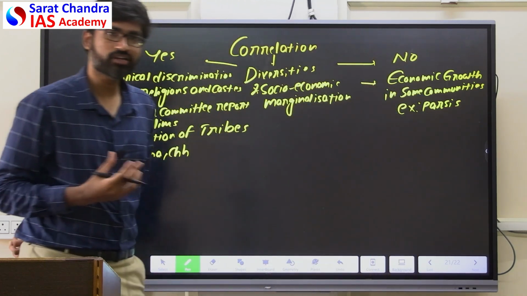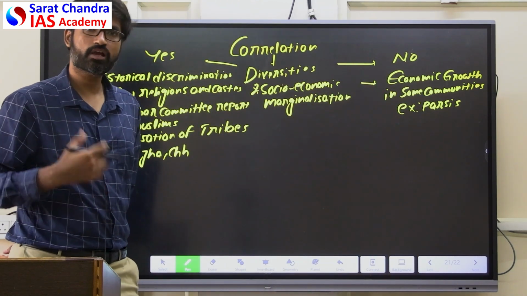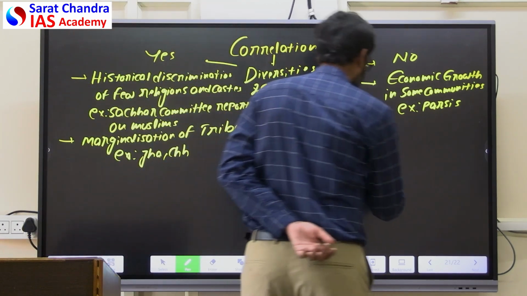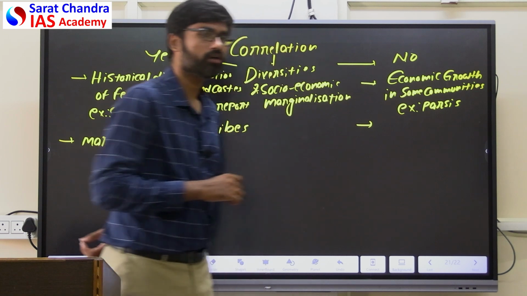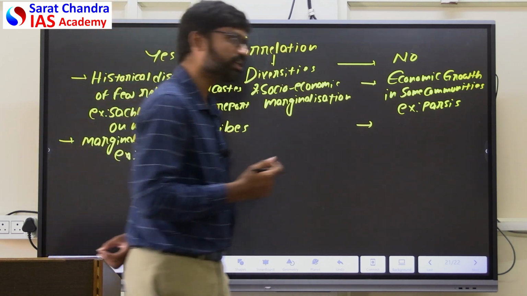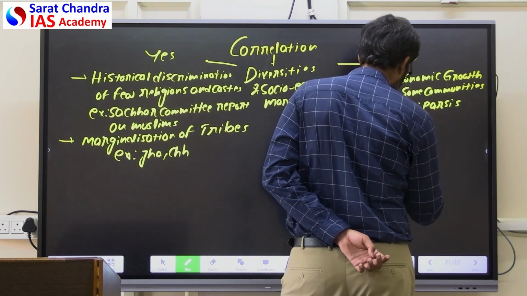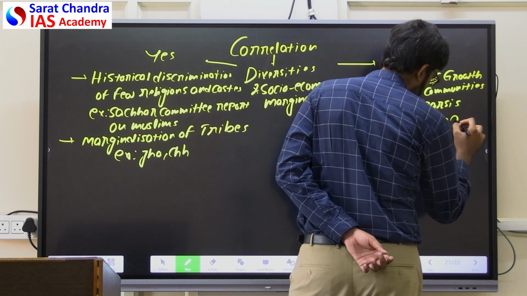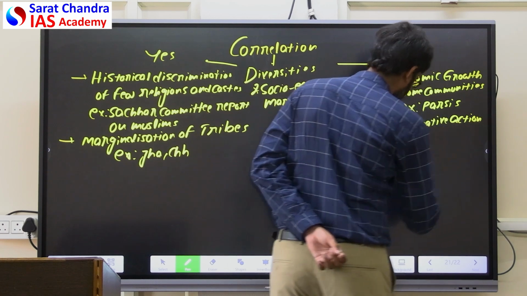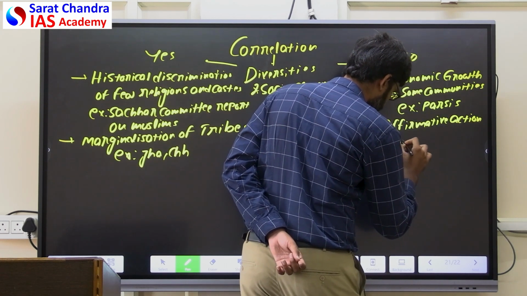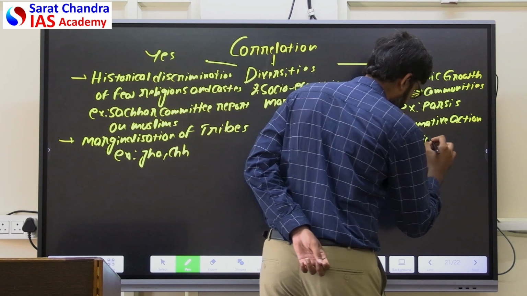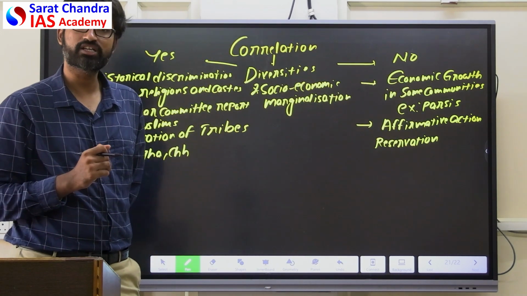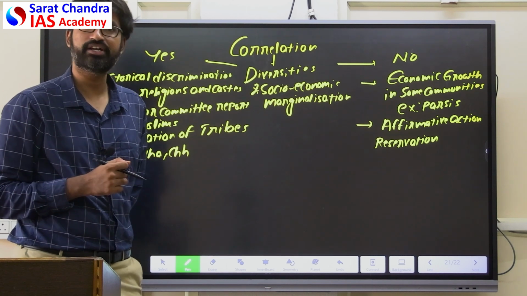Even though they are a marginalized section, they have grown through their own economic might. Then we can also quote affirmative action like reservation, policies taken to reduce the marginalization of these communities.